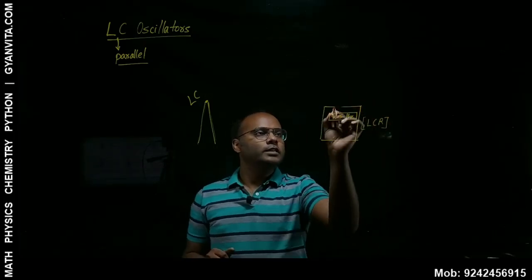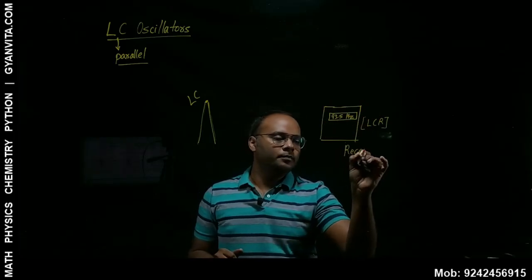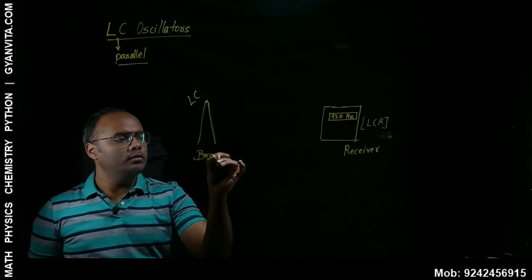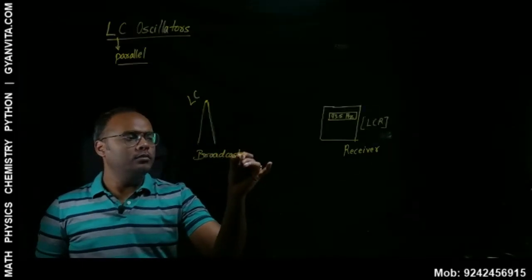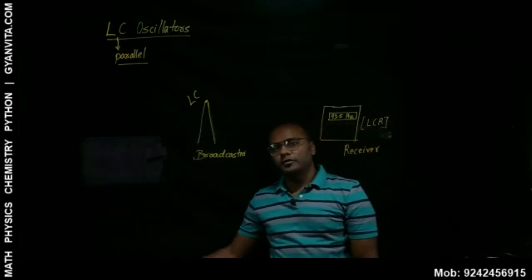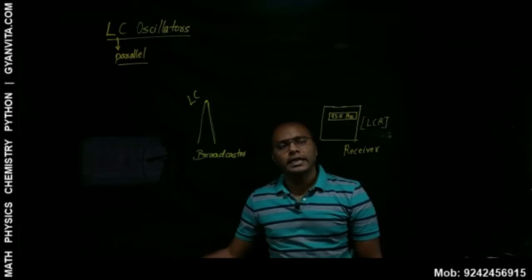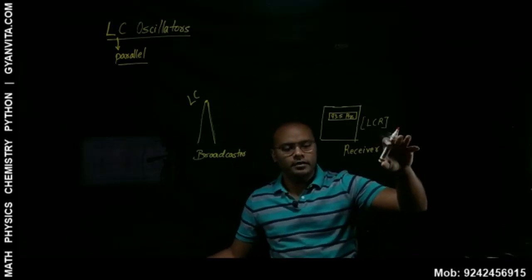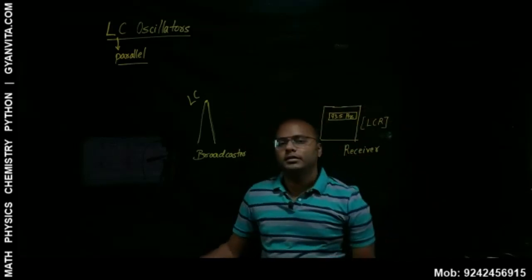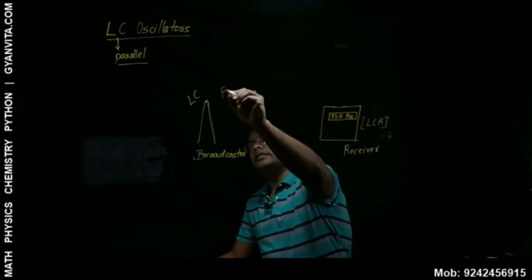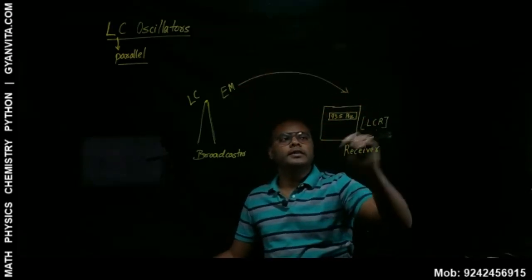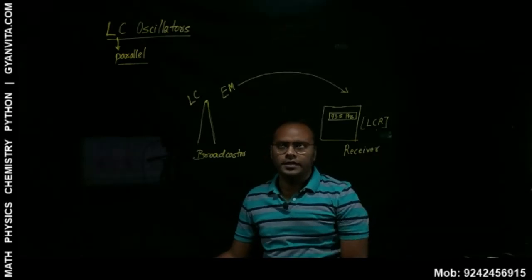So this is your receiver and this is the broadcaster circuit. That is the application of these two circuits: the LC oscillator here and the LCR series circuit here. The LCR series circuit is your receiver circuit and the LC oscillator is your broadcasting service. From here, as you have already seen, the electromagnetic waves are generated and they come here and are received by this LCR series circuit.